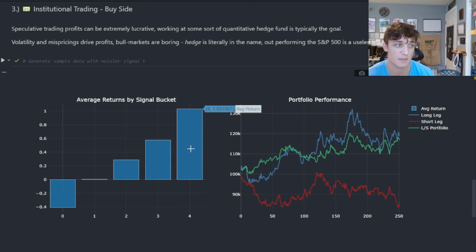So I can go long this bucket, and I could go short this bucket. And what you'll see here is this is not some sort of perfect, up and to the right chart, but there is some alpha here in the sense that if we construct this long short portfolio, we're going to generate some P&L, and you could do some sort of alpha regressions to actually measure this. But that's beyond the scope of this video. If there's interest, I'll talk about that in a more technical capacity in the future. But this is really what we mean when we're talking about the buy side.